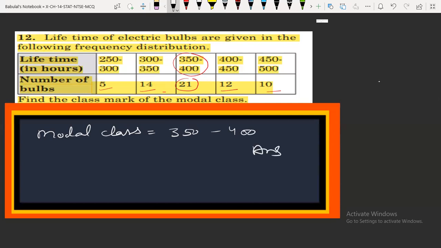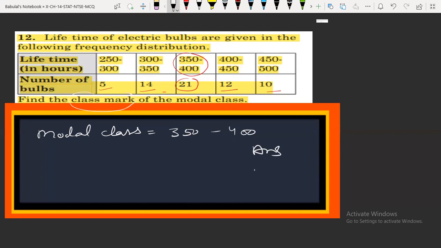And I think it is clear to you, the class interval whose frequency is the highest is what we call the modal class. So here the highest frequency is 21 and its class interval is 350 to 400. So the modal class is 350 to 400 and the question is we have to find out the class mark.